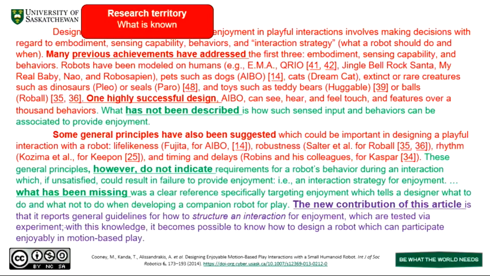And this awareness of previously discovered information is also reinforced through some of the language choices, which I've bolded and occasionally underlined. So we have this kind of phrasing: many previous achievements have addressed. So we know as readers that we're referencing the work of other scholars here.